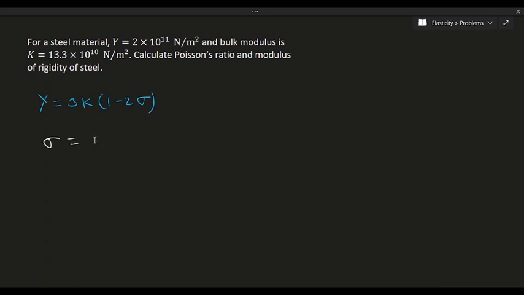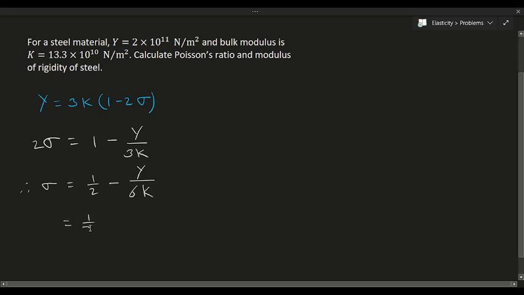So 1 minus 2 sigma is equal to Y divided by 3k, and therefore sigma is equal to half minus Y divided by 6k. Calculation is simple.